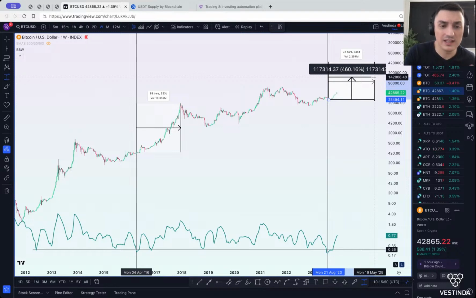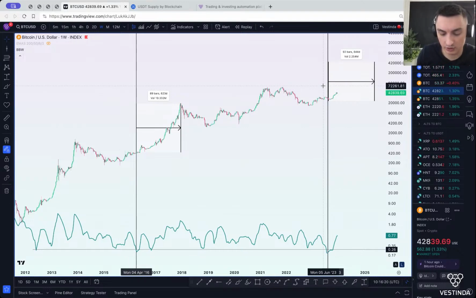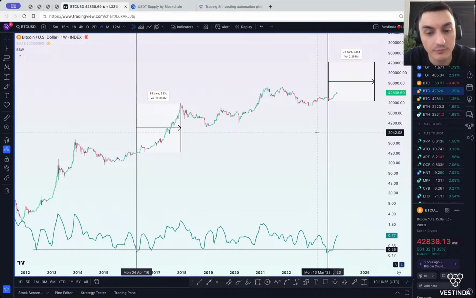We had fewer exchanges which allowed you to trade both ways, because in 2016 we had only a few exchanges with futures trading. Currently almost every exchange has spot and futures trading and also options. So that's why the market is not going to have similar price action. It's going to have smaller gains.